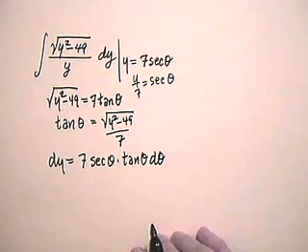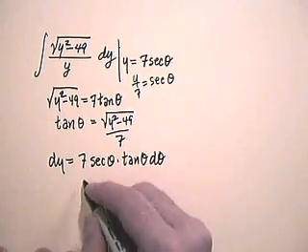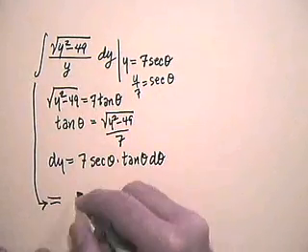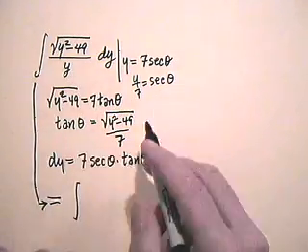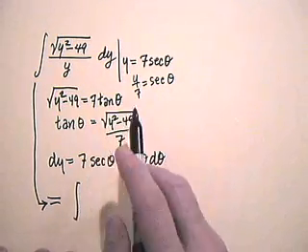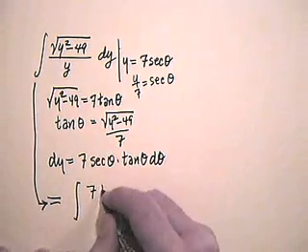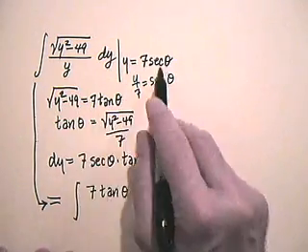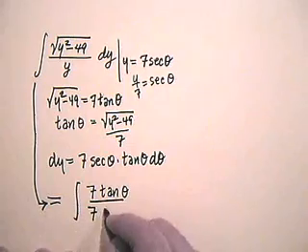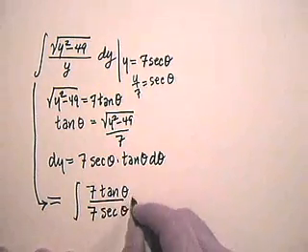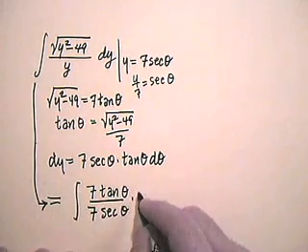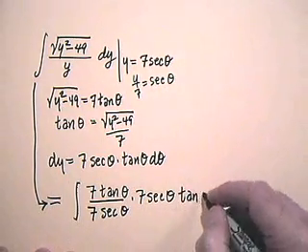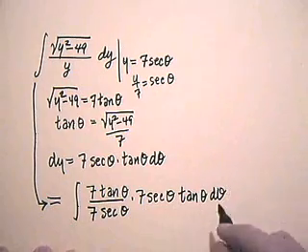And so consequently, when I do the substitutions here, the integral becomes the integral of, first the radical, that's the 7 tan theta, divided by the y, which is the 7 secant theta, multiplied by dy, which is 7 secant theta tan theta d theta.